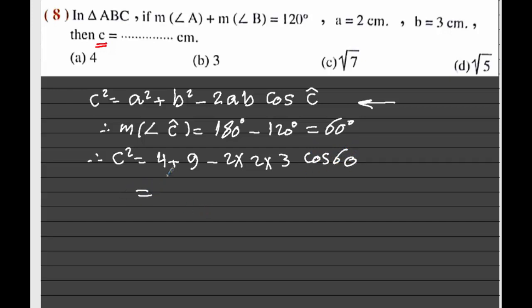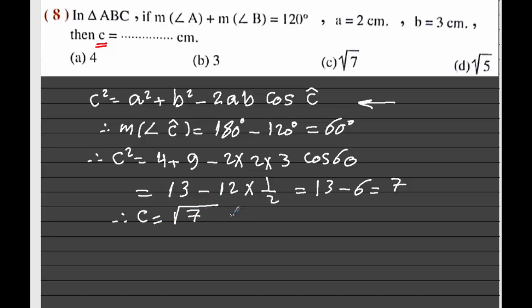We have here 4 plus 9 equals 13, minus 2 multiply 2 multiply 3 is 12 cosine 60, which equals half. So the result equals 13 minus 6. 13 minus 6 equals 7, and C equals root 7 centimeters, and we choose letter C.